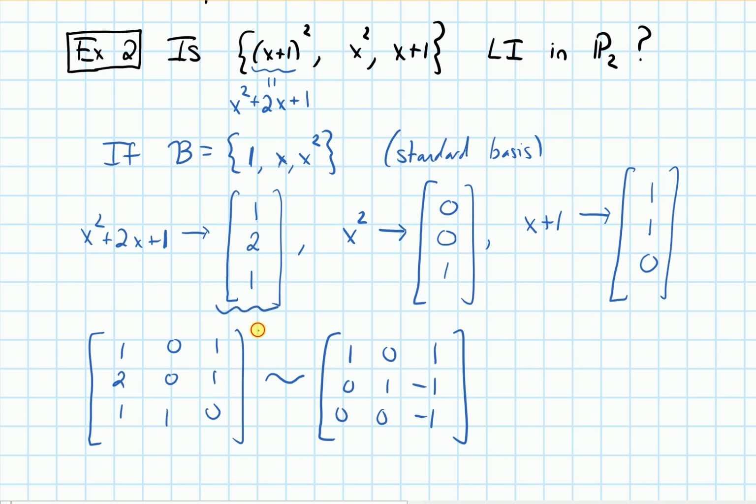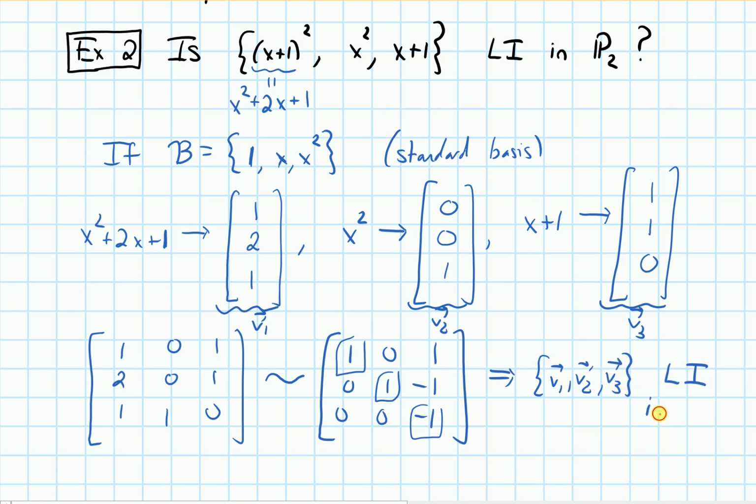If I call this first vector v1, this next coordinate vector v2, and this third coordinate vector v3, because there are pivots in every single column here, we know that this set of three vectors v1, v2, v3 is linearly independent in R3.